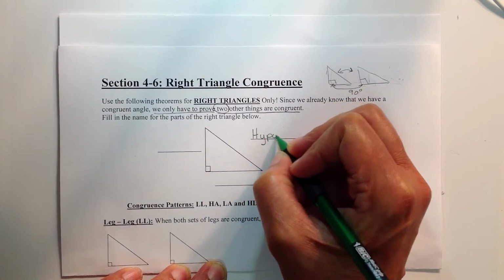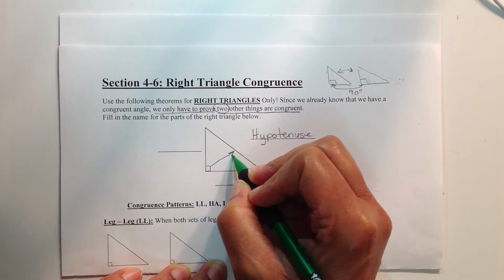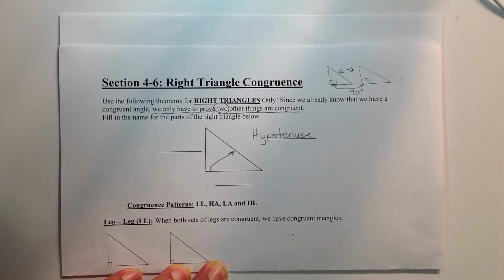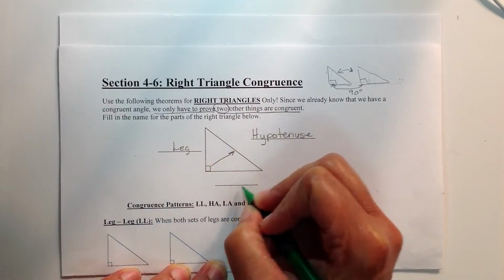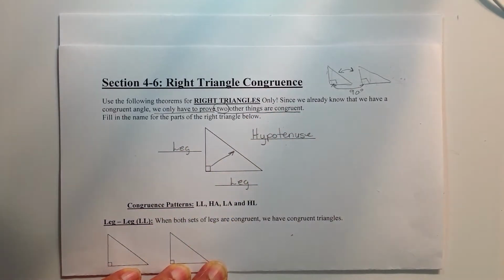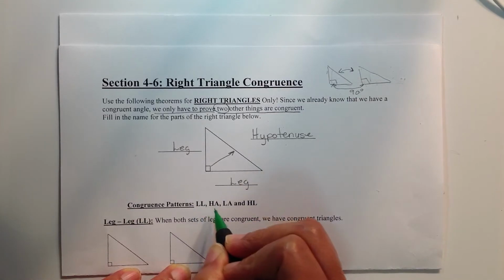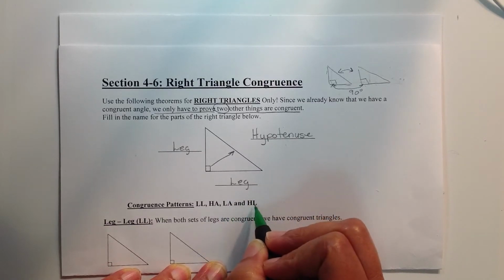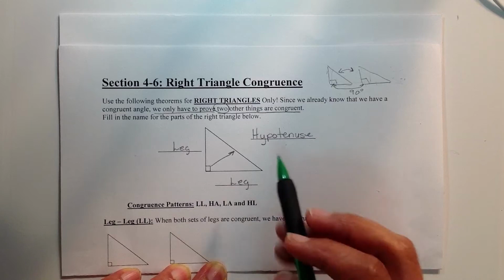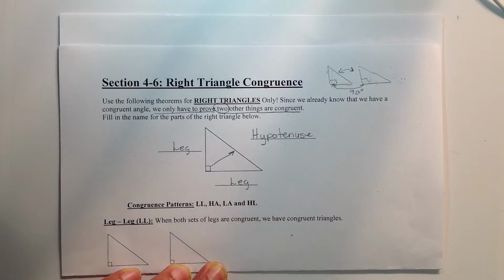A hypotenuse is the longest side and it is directly across from the right angle. And the other two sides are called the legs. So, the four congruence patterns that we can use are leg-leg, hypotenuse-angle, leg-angle, and hypotenuse-leg, named directly after the various sides of a right triangle.